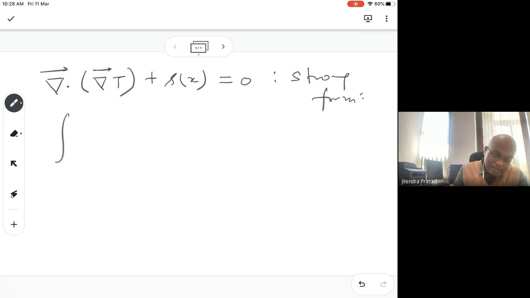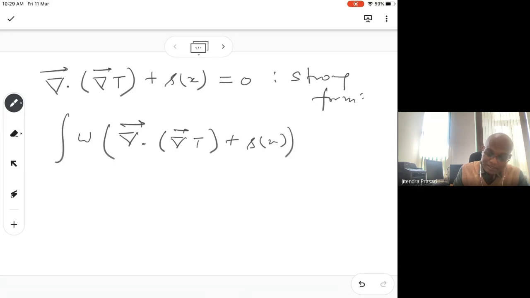You multiply by W. So you have W times del dot del T plus Sx, and dx. The only thing here is W is now a function of x y, and let's write here itself.